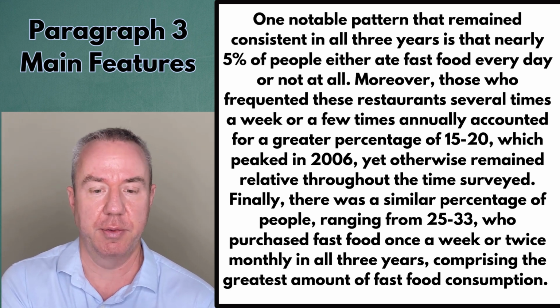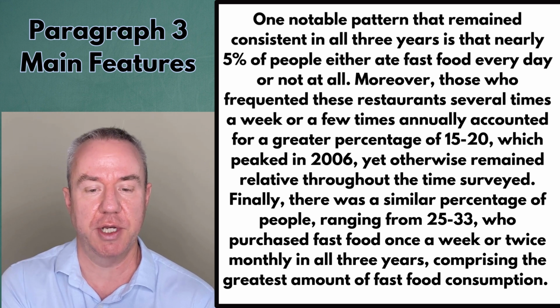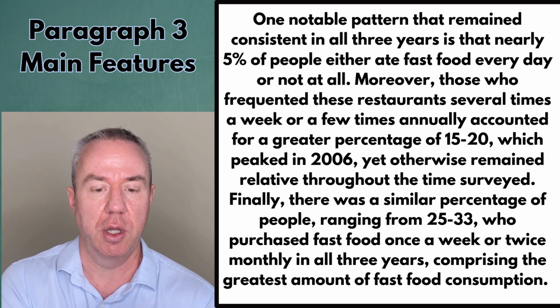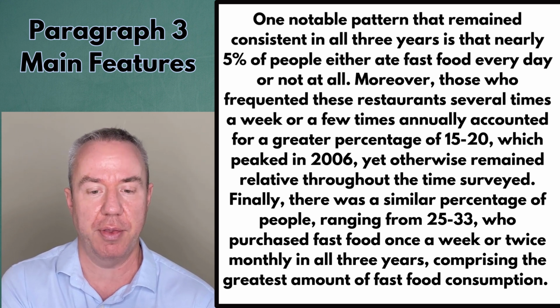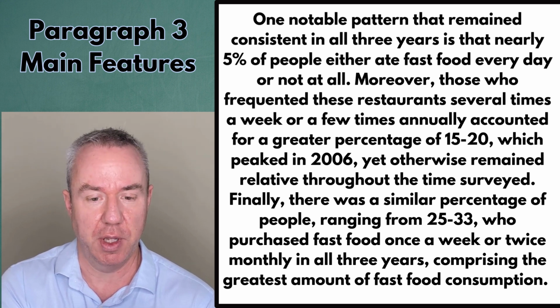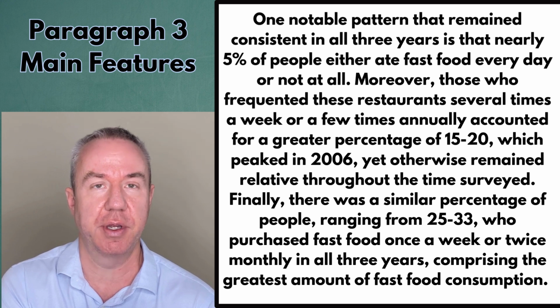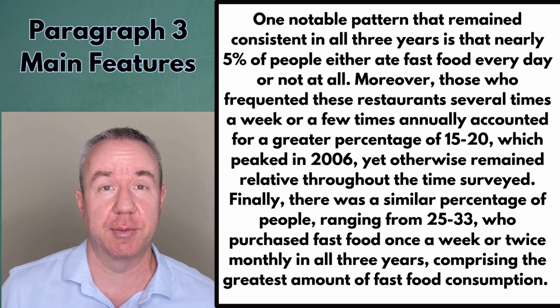Finally, there was a similar percentage of people, ranging from 25 to 33, who purchased fast food once a week or twice a month in all 3 years, comprising the greatest amount of fast food consumption.